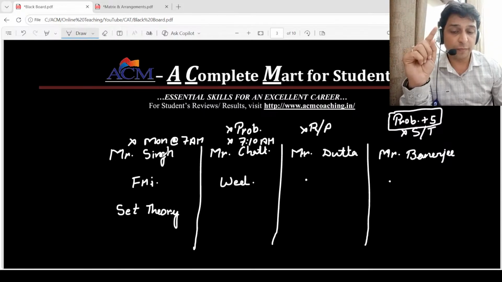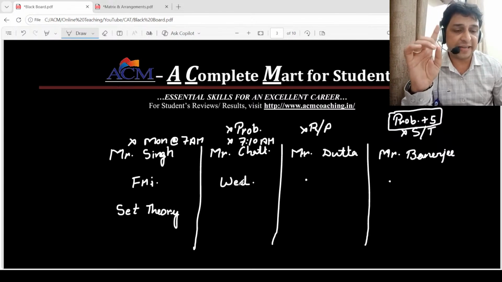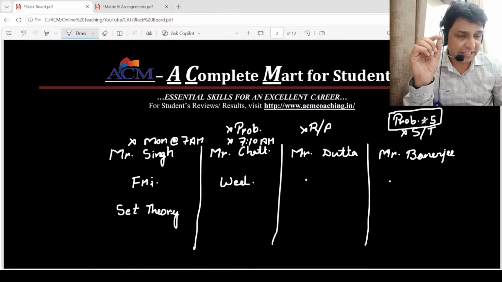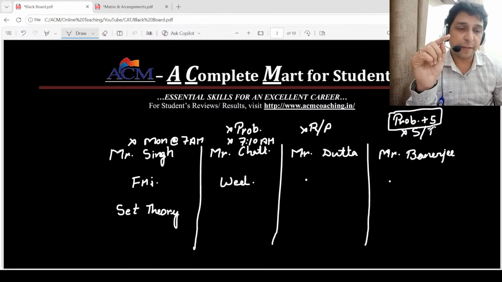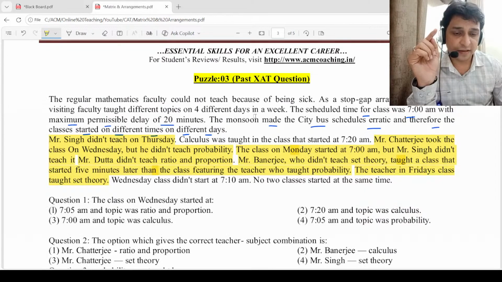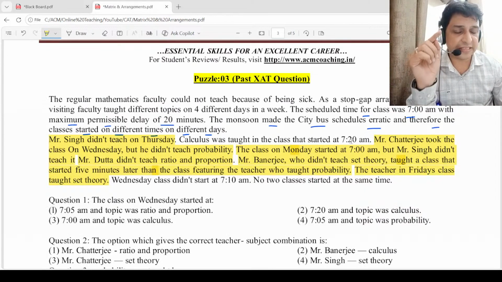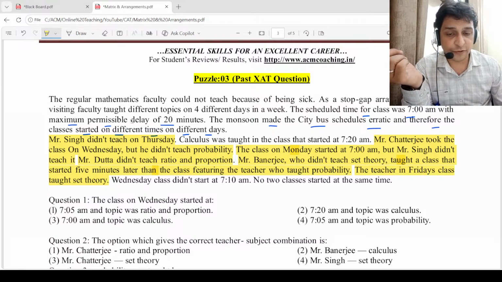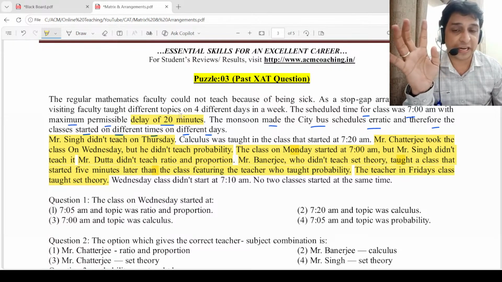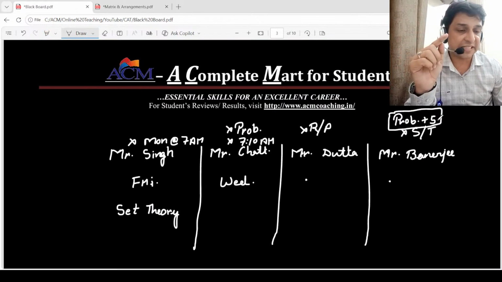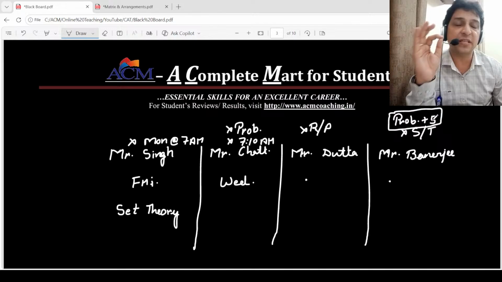Now one thing which we know, Friday done, Wednesday done, we are left with Monday and Thursday. Now this class is probability plus 5 and they said the timings are 7:10, 7, 7:20 and 5 minutes later. There is a delay of 20 minutes. The class was not early. That means probability class can be either 7:05, can be either 7:15.